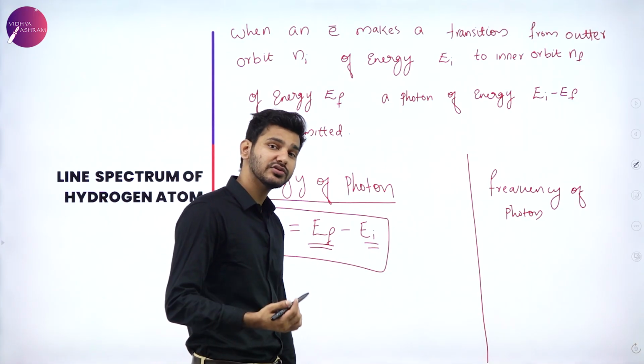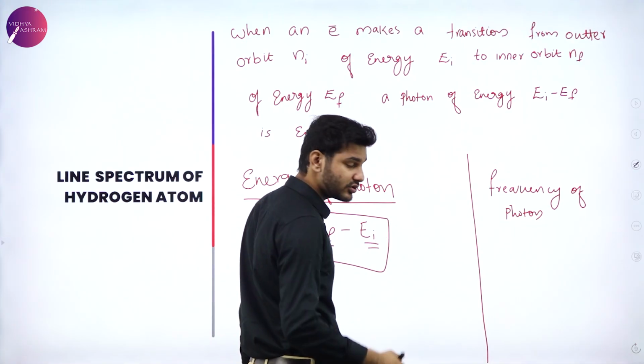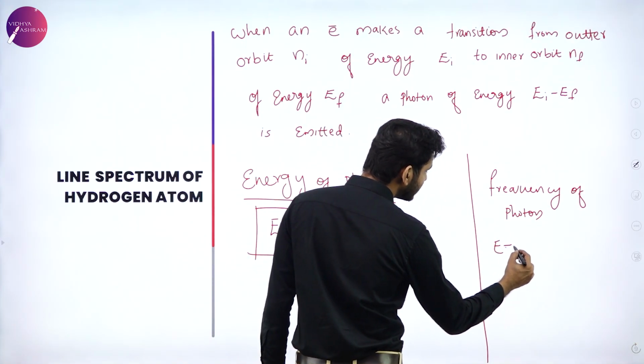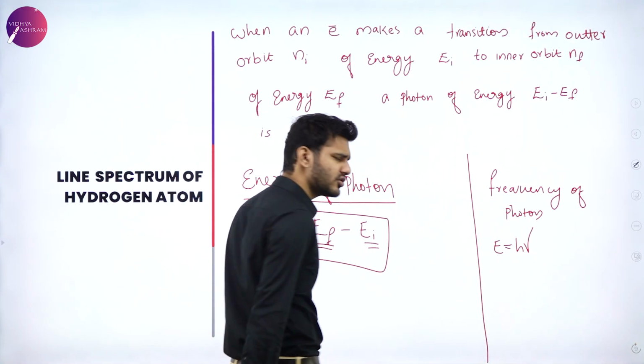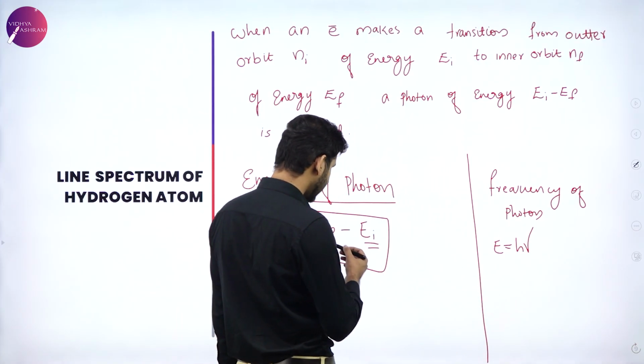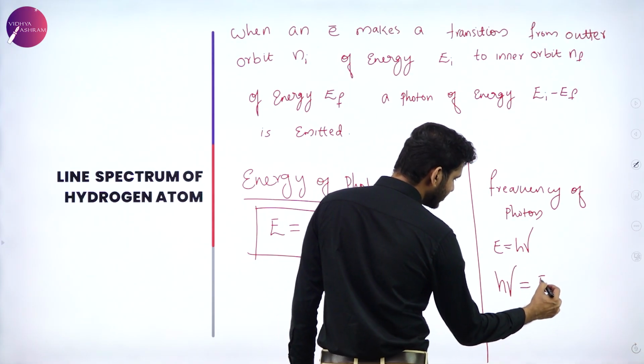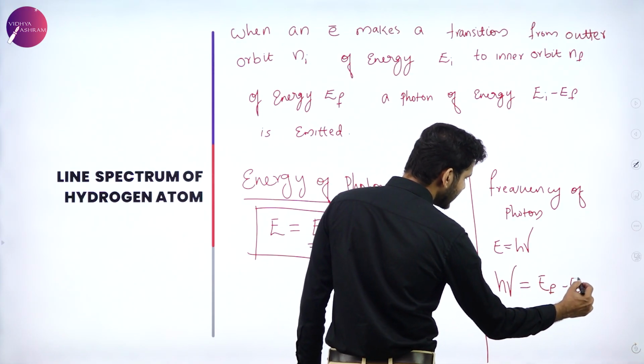Now, using Einstein's photoelectric equation, we already know that E is equal to h nu, right? We know this from the previous chapter. So we can say that h nu is equal to EF minus EI.